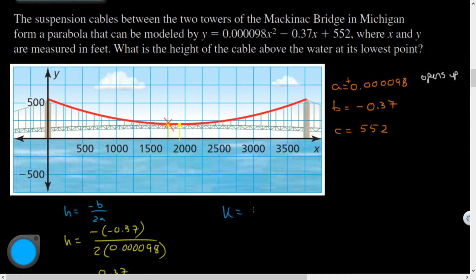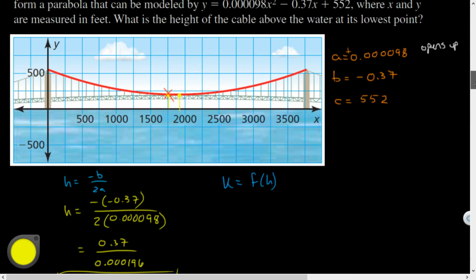So let's see. K is going to equal whatever f of h is. I'm going to have f of h. I'm going to need a lot of space for this. I'll scroll down again in a second.